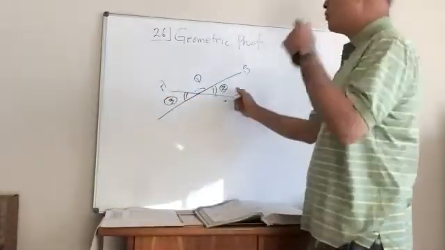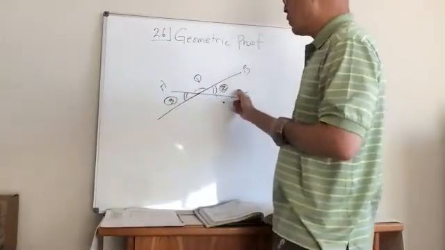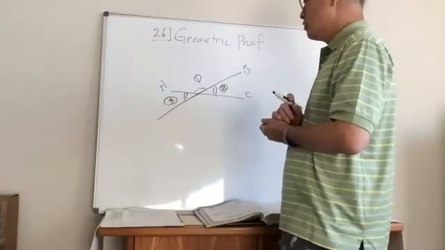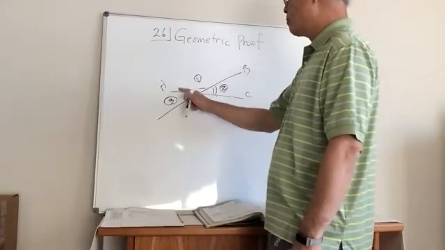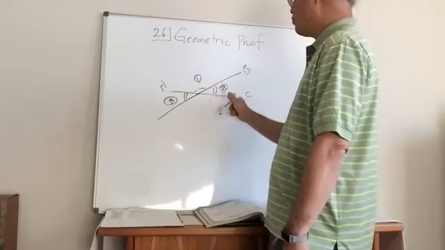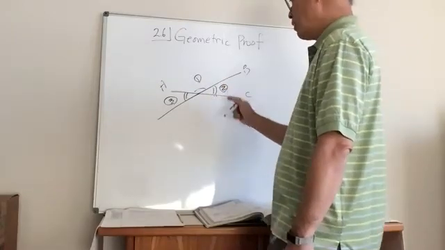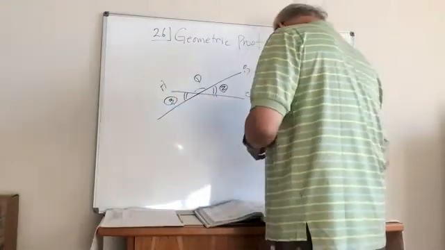I know that angle 2 and angle 3 are the same because they are vertical angles. But I know that 1 and 3 are supplementary because they add to 180 degrees. And I know that 1 and 2 are supplementary. So in that case, 2 and 3 would be congruent is what they're saying.